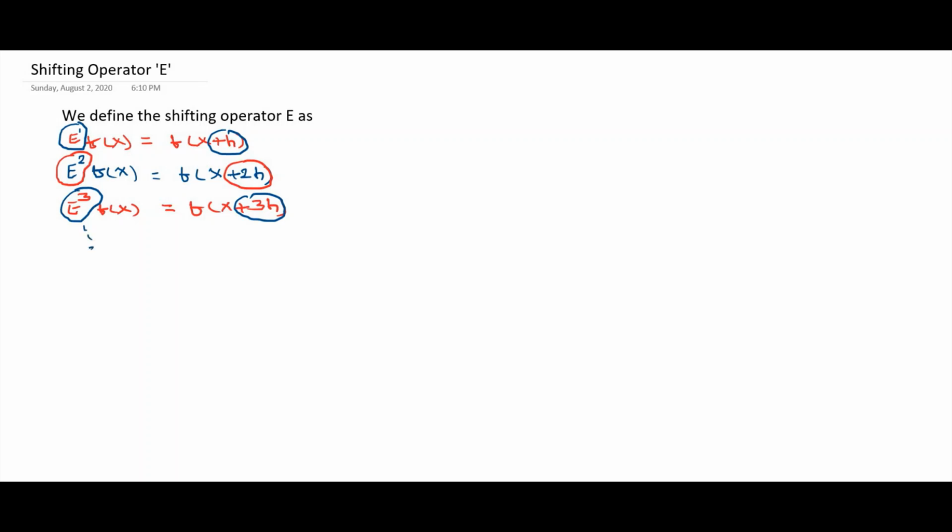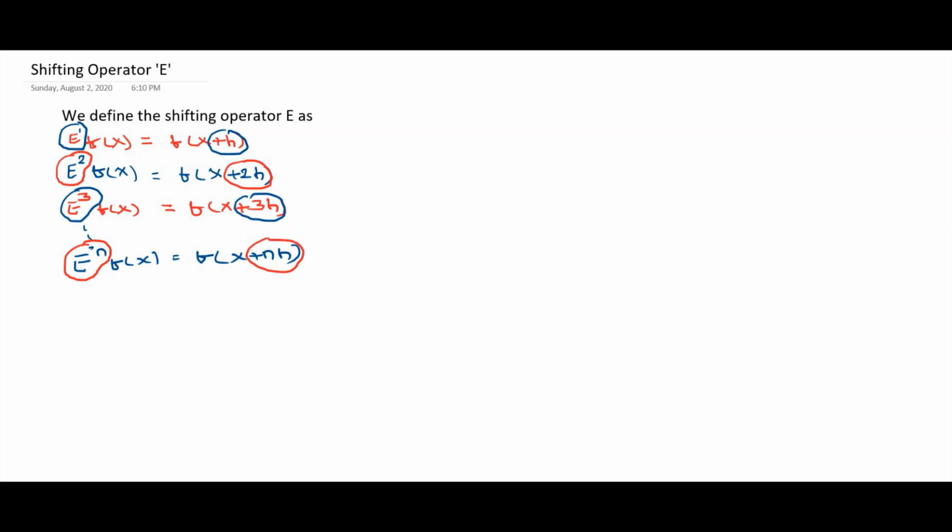So in general, E raised to n f of x, we can write as f of x plus nh, because the power is equal to n. To eliminate E raised to n, we have to add nh.